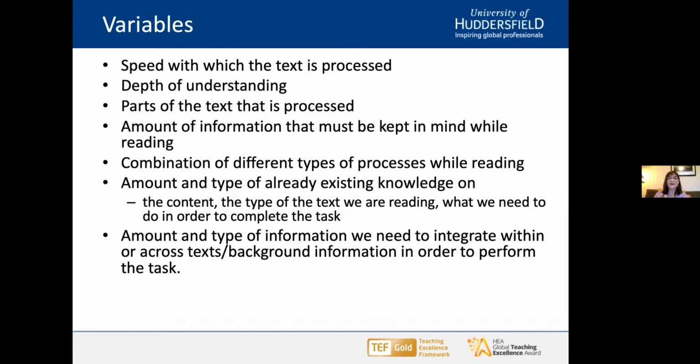We talked about this as well, and about the amount of information that must be kept in mind while reading. And we talked about the combination of different types of processes while reading.